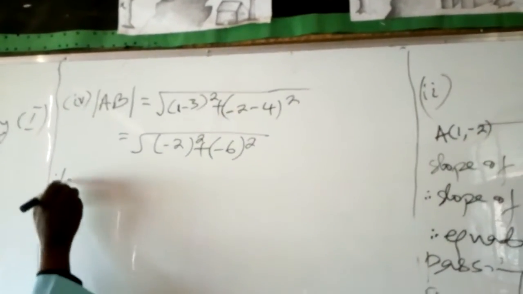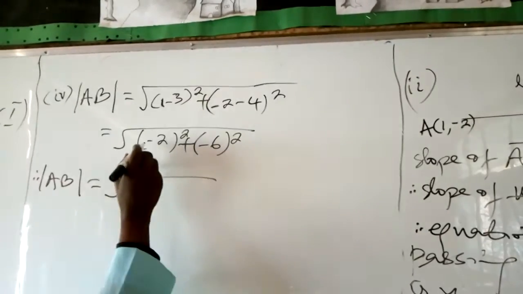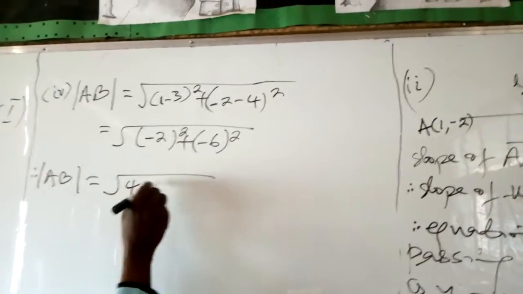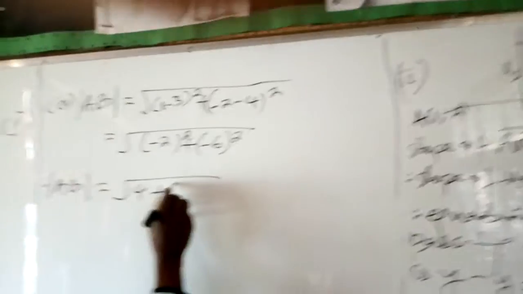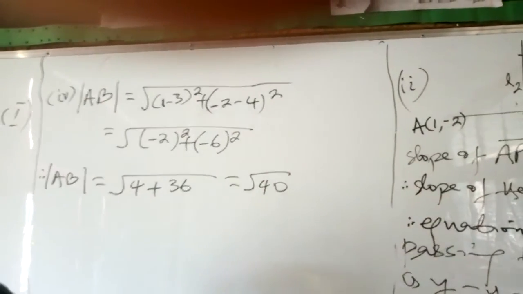So distance AB is equal to the root of 4 plus 36, which is the root of 40.